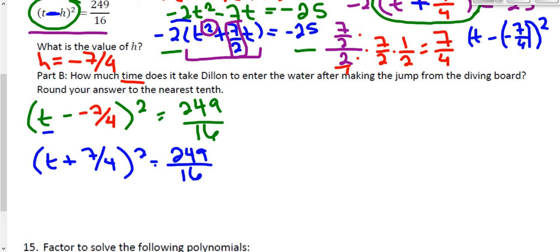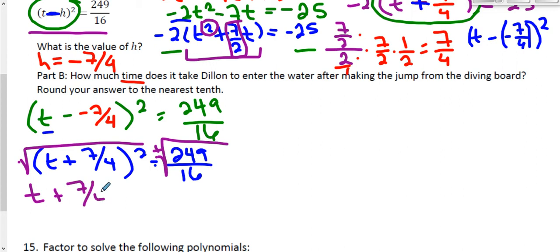So our first job is going to be to square root both sides. We're going to go ahead and add a plus or minus here because we are putting the square root into this problem. So t plus 7/4 is going to equal whatever the positive or negative square root of 249/16 is. And it's asking for a decimal, so we're going to plug this in the calculator to find our final answer. And then our last job is just going to be to subtract that 7/4 from both sides.